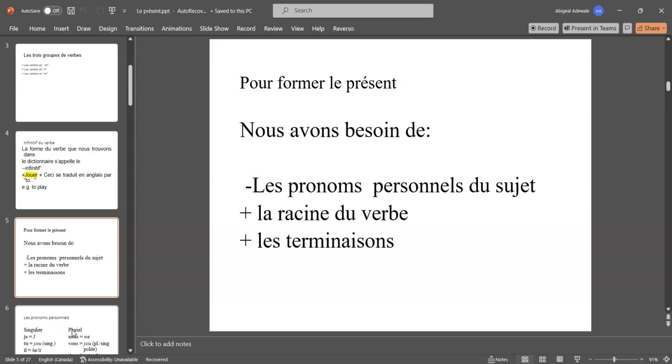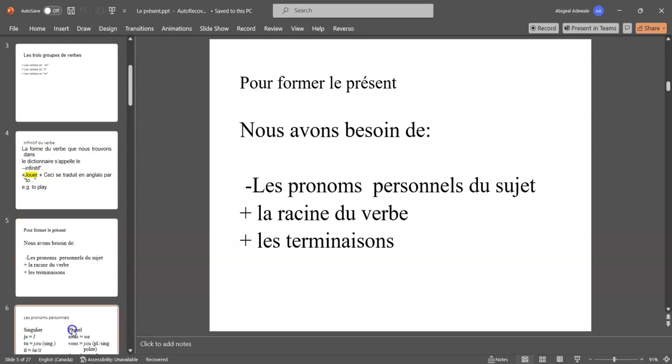So, pour former le présent, nous avons besoin des pronoms personnels du sujet, la racine du verbe et les terminaisons. So for us to be able to conjugate verbs, we need the subject personal pronoun plus the root of the verb, which is known as la racine du verbe, plus les terminaisons.